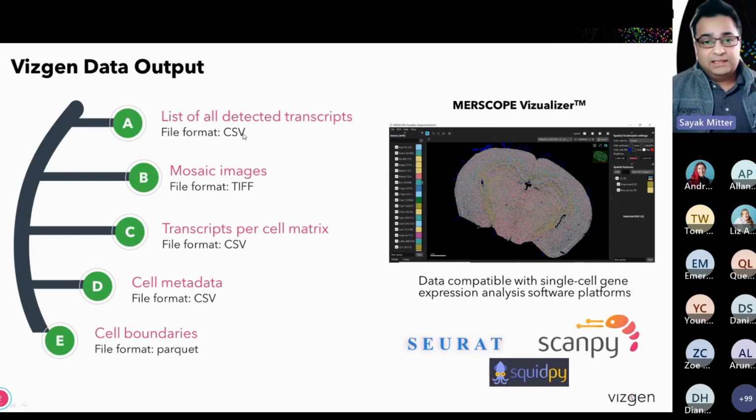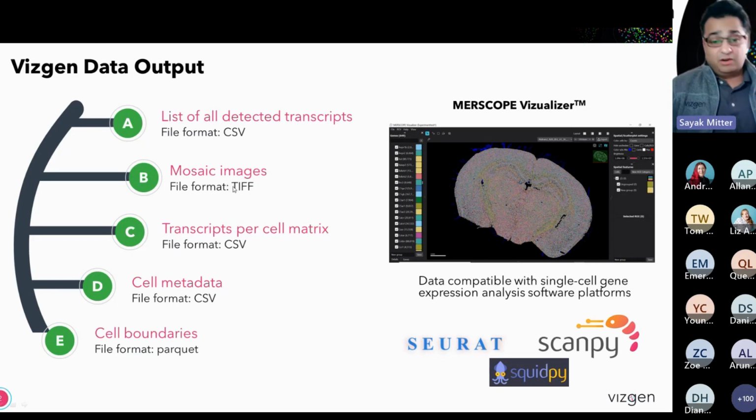This will contain the X, Y, as well as Z information of the transcripts that are being detected by the MERSCOPE algorithm. X and Y are in a single plane, but because the MERSCOPE is able to do multiple Z planes like any other microscope, you are able to get that three-dimensional data as well.